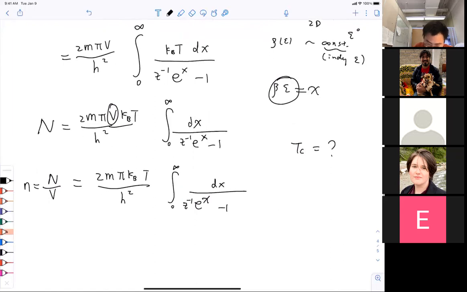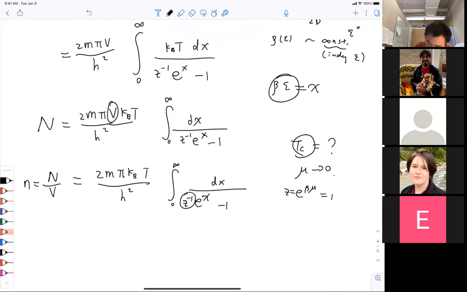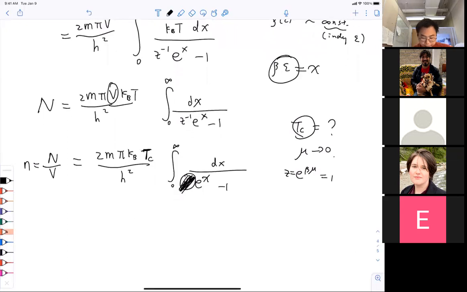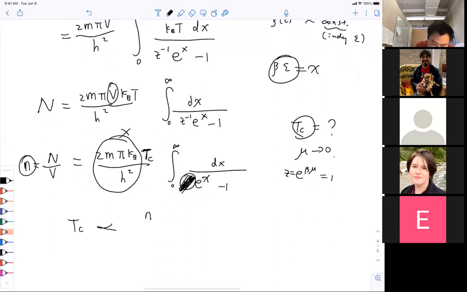At the critical temperature, mu goes to 0, which means z is 1. So this becomes 1, and I just erase it. In principle, Tc is proportional to n, which is the density and also a constant, divided by this integral.